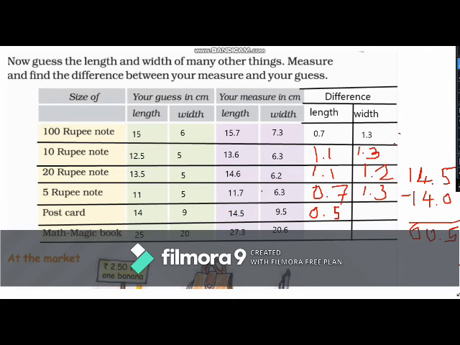Now let us find out the difference in width in measure and guess of the postcard. So 9.5 minus 9.